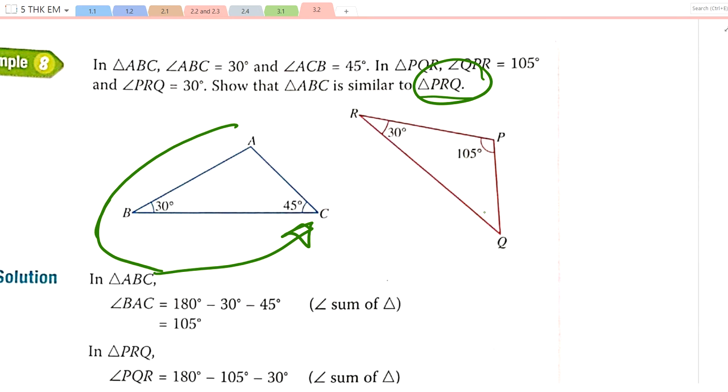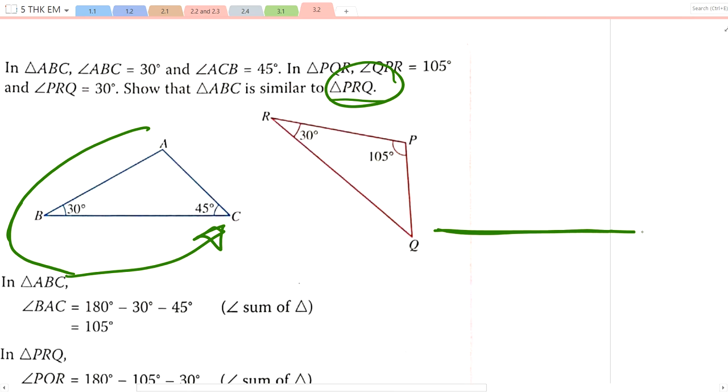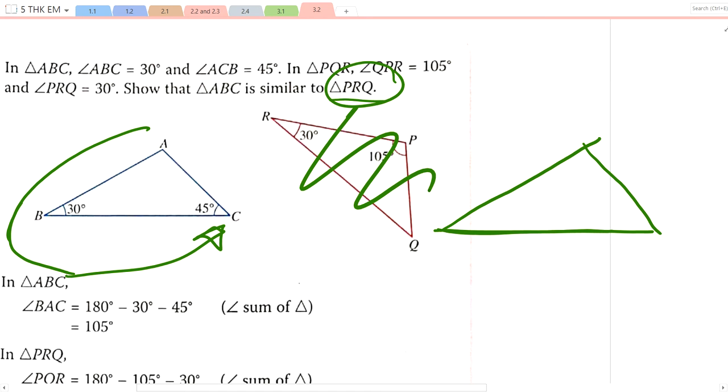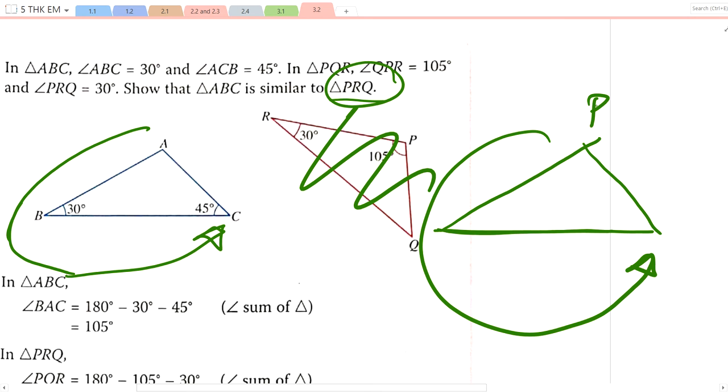Let's just pretend that in this question, red is bigger. If it is bigger, then just draw it bigger. So draw in the same orientation as this one. Can you see? I'm trying to draw as similar as I can. And I'll go in the same direction. A, B, C. Now I have P, R, and Q.